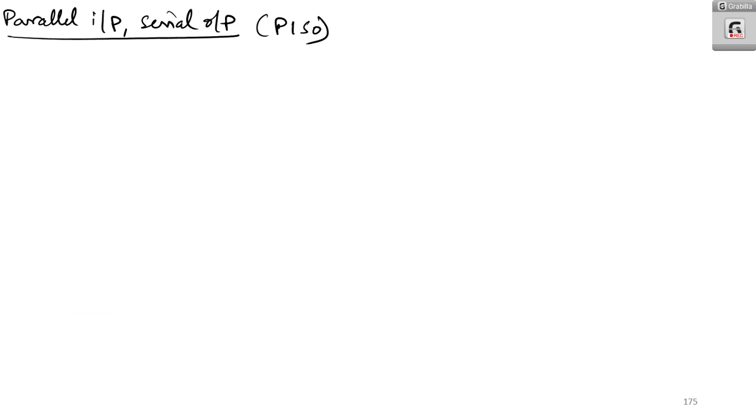Parallel input, serial output shift register. So here there are 2 operations. Input is parallel, as well as the output needs to be fed in serially to the next flip-flop. So coming into that.